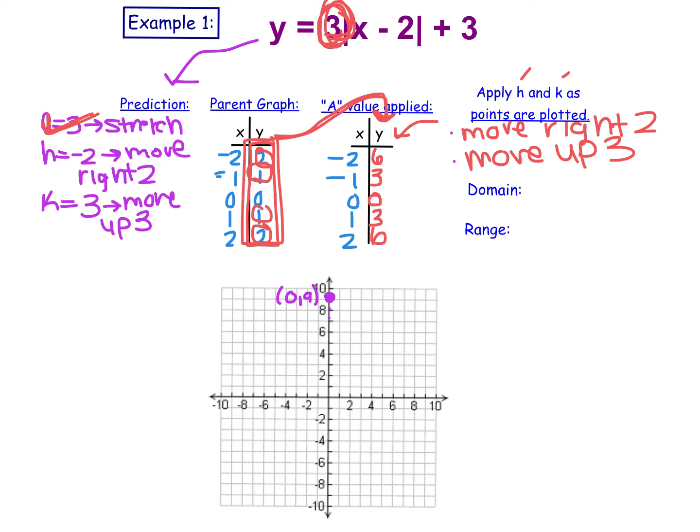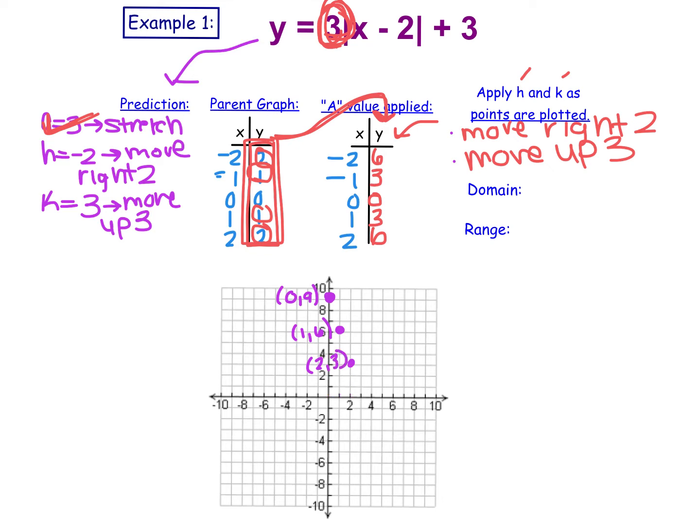And then I go to my next point, and I say, okay, my next point is x is negative 1, y is 3. And I'm going to move to the right 2 and up 1, 2, 3. So here I am plotted at x is 1, y is 6. And then I go to my next point, and I say, okay, I'm at 0, 0. Right 2, up 1, 2, 3. So here I have x is 2, y is 3.